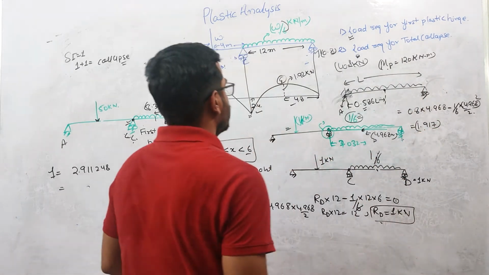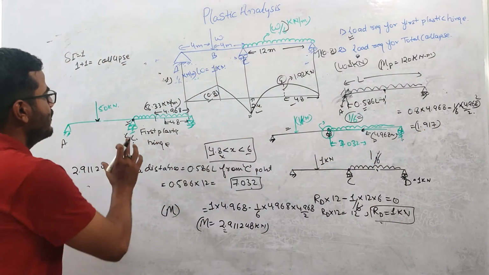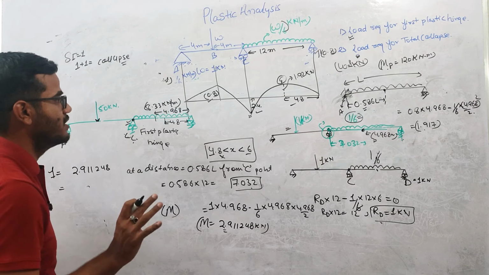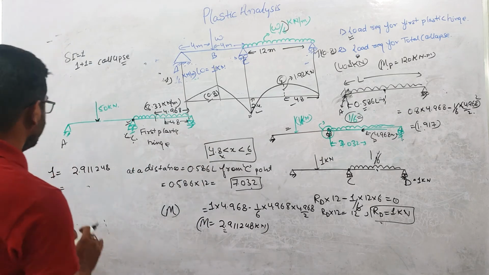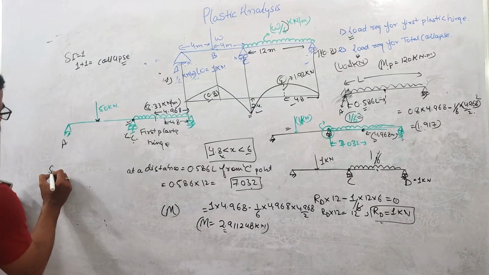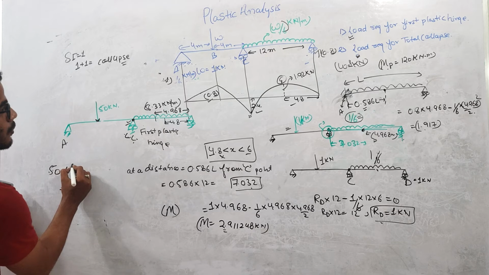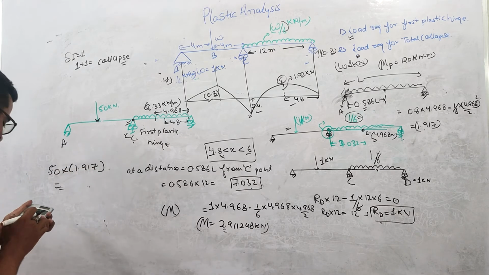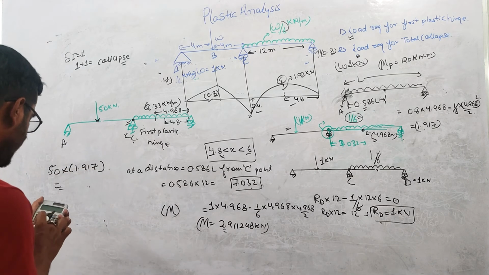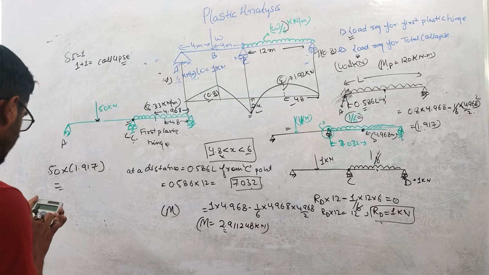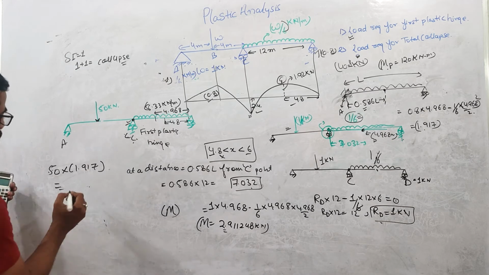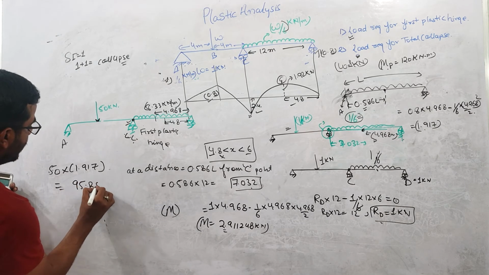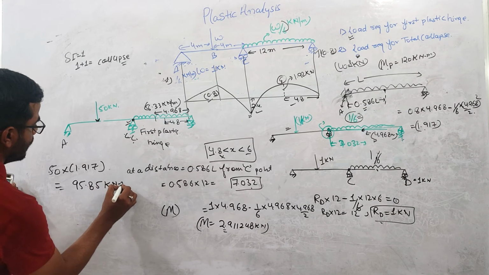Okay, this is the moment when there is first formation of the plastic hinge, and this is due to unit load. So due to 50 kilonewton load, it will be 50 into 1.917. This value comes out to be 95.85 kilonewton meter.